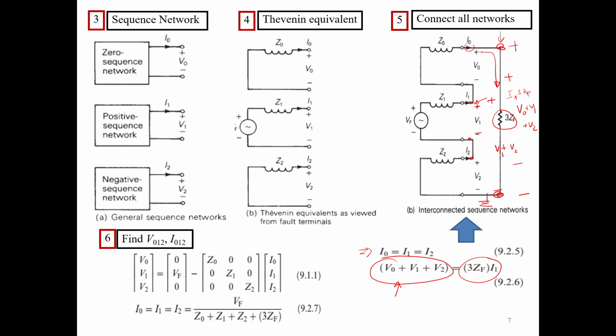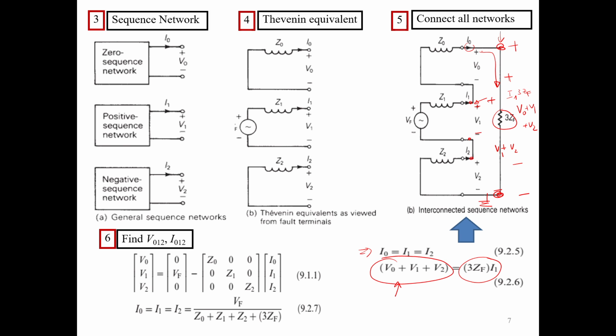For the single line to ground, you have three sequences connected in series, right? But of course, this is the rule of the game that the zero sequence and negative sequence do not have a voltage source in them.